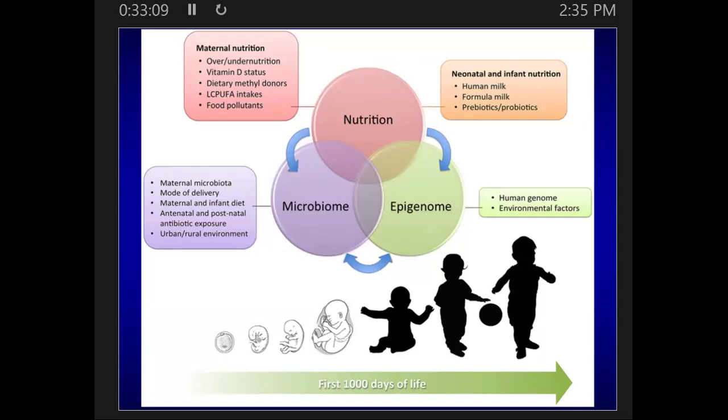And they're saying, so this is trying to get at nutrition, both what the mom eats as well as what the babies eat when born, and then the microbiome in the mom as well as the baby, and then of course all the genetic component, and where those three circles share, like we're saying, has influence here.